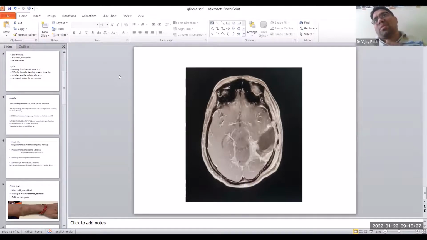After the first EORTC low-grade tumor study, there was a second study done by EORTC. They compared a dose of 45 gray to 60 gray, and they saw that giving 45 gray itself is enough. 60 gray is not required. Normally people tend to give around 50 to 54 gray, but a dose of around 45 to 50 gray, conventional fractionation of 1.8 to 2 gray per fraction, is enough in this situation.